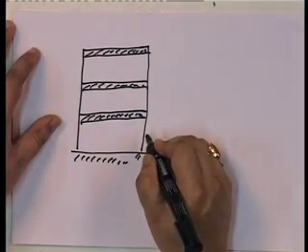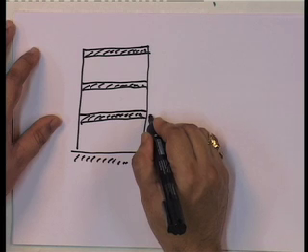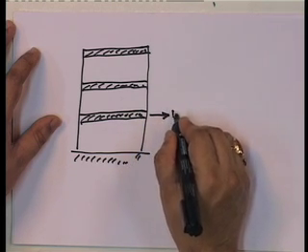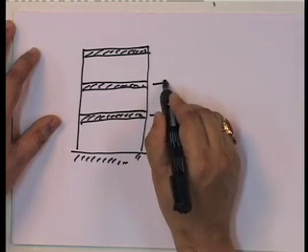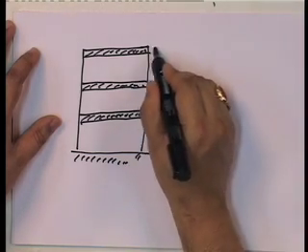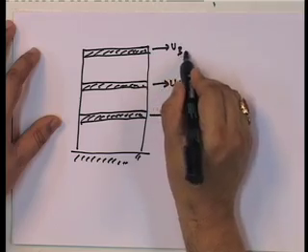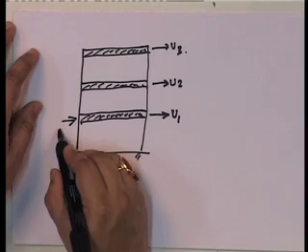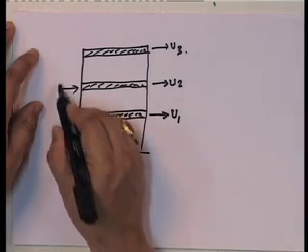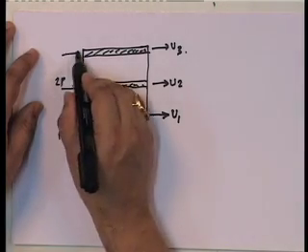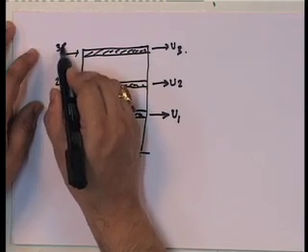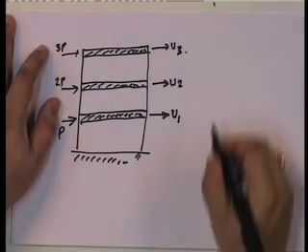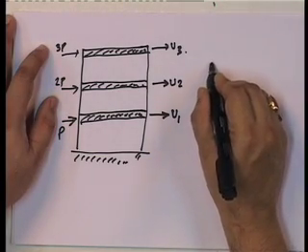So, what we have here is V 1, V 2, and V 3, and the loads are given in this form: P, 2P, 3P.